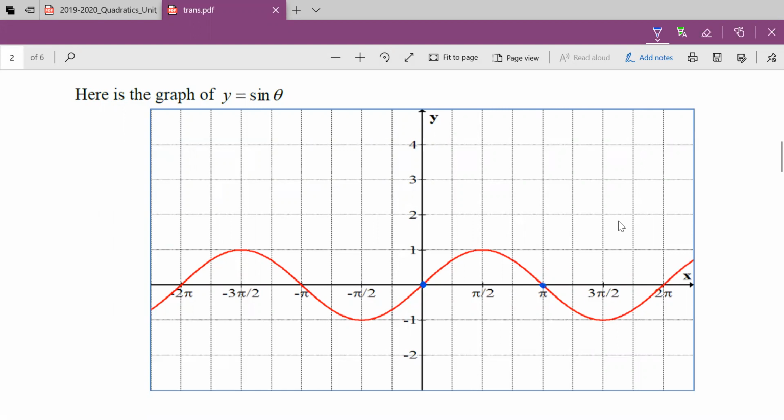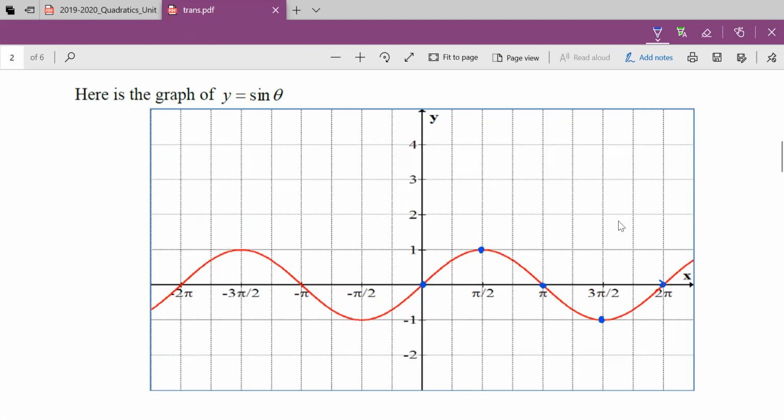So when I say the basics, I'm saying my theta intercepts. I should know halfway between my first two theta intercepts is a max, and halfway between my next two theta intercepts is a min. And after that, friends, you can really draw the graph. And that's the pattern that I'm looking for here. So that's going to help us when we go to transform these things fully right now.